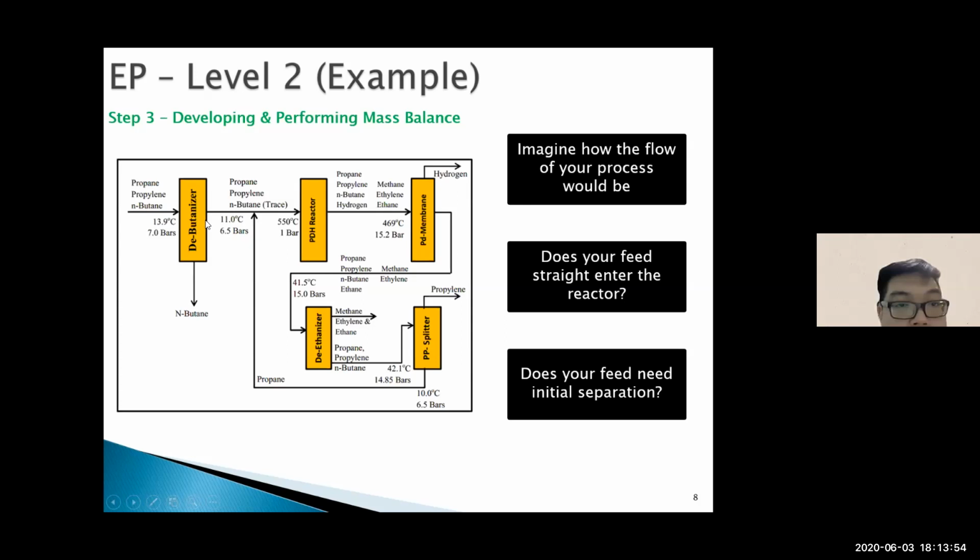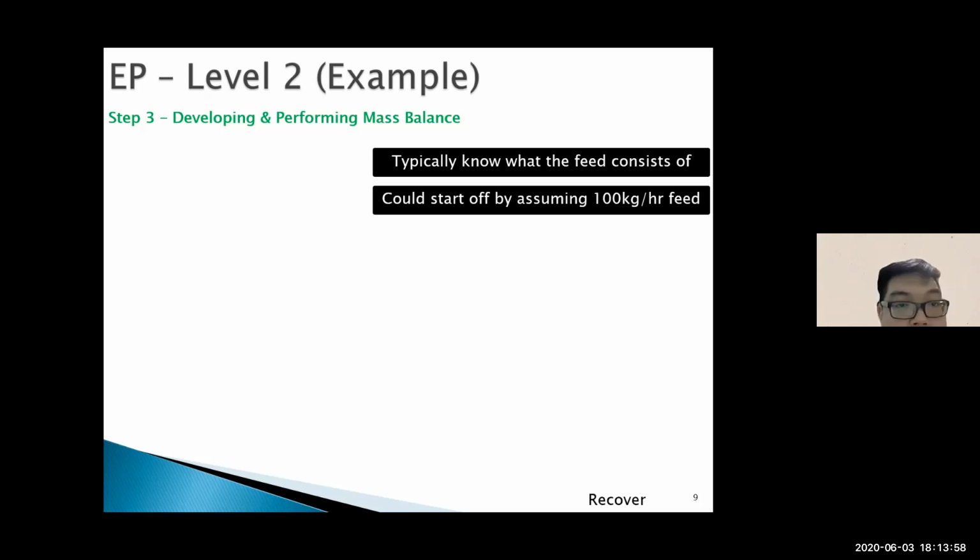You already know what process you are going to do, so you need to know what your feed consists of.